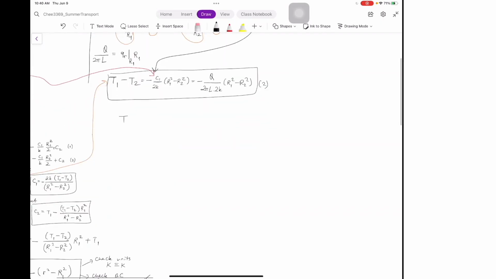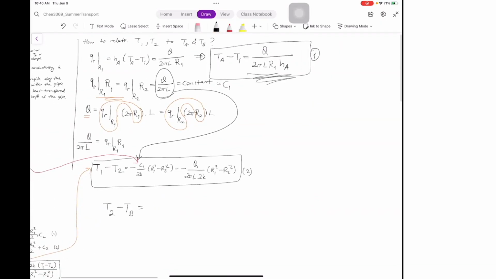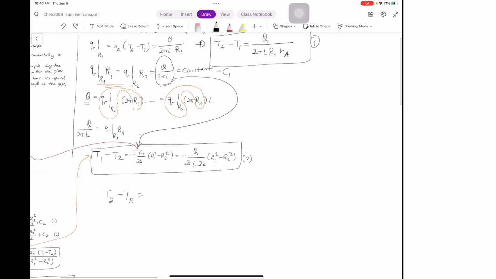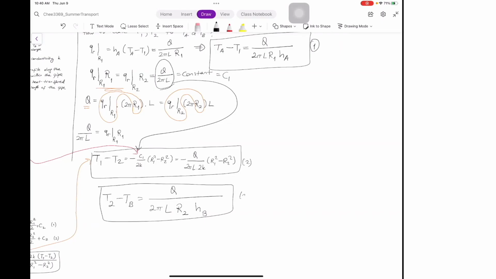And similarly for T2 minus TB, as in this equation, we get Q divided by 2 pi L R2 this time, because the surface has the radius R2 there, and HB this time, because your outer fluid is HB instead of HA. So it's basically, you're going to get the same equation with the same arguments, but for the fluid B. So this is your third equation.